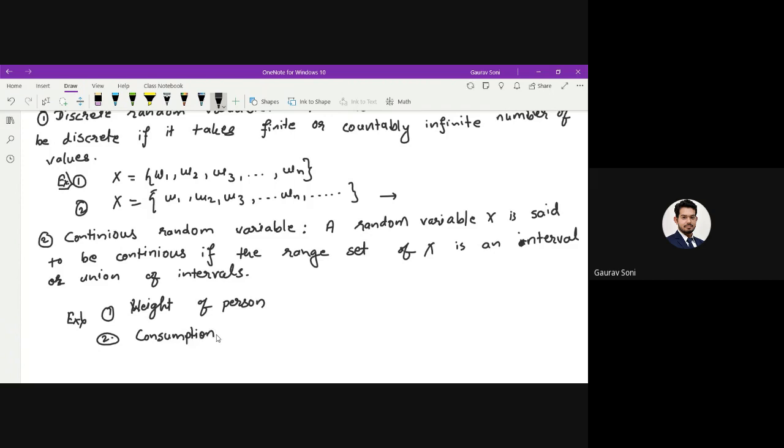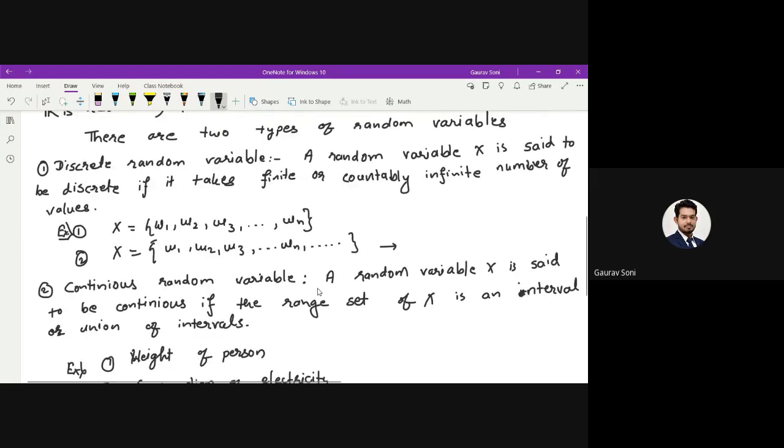Consumption of electricity. Sir, saving of water from the raindrops can come under this. Yes, exactly. That will also work.